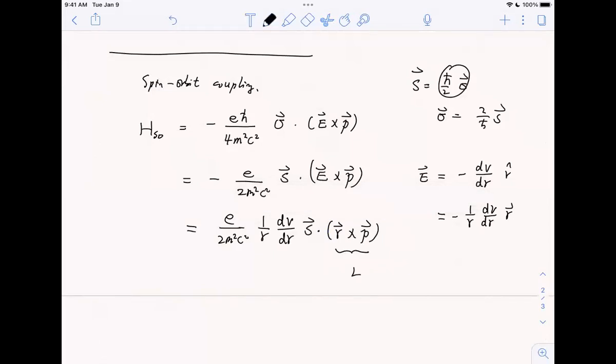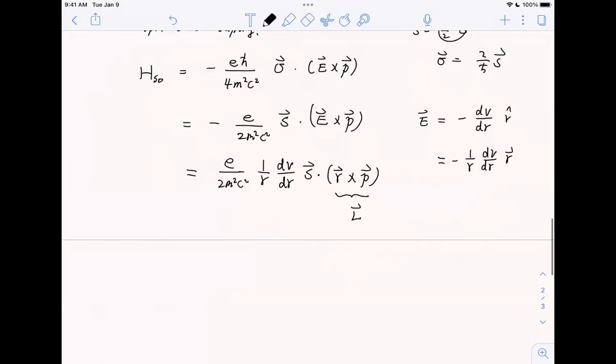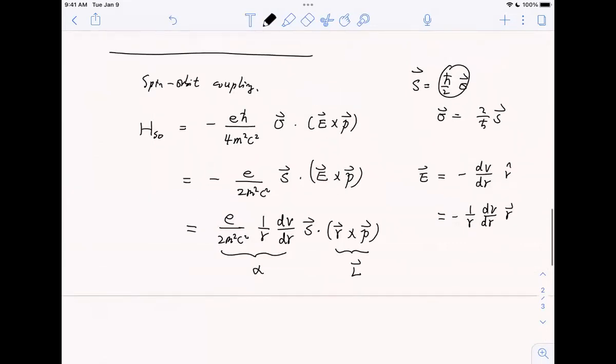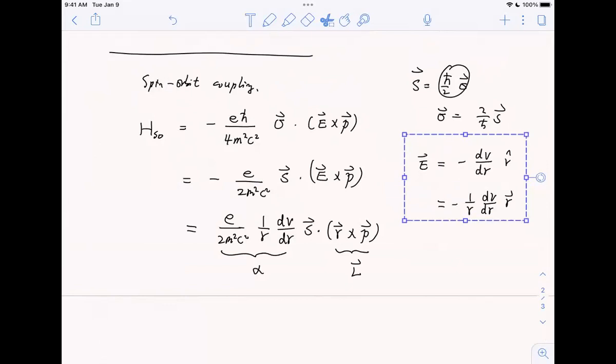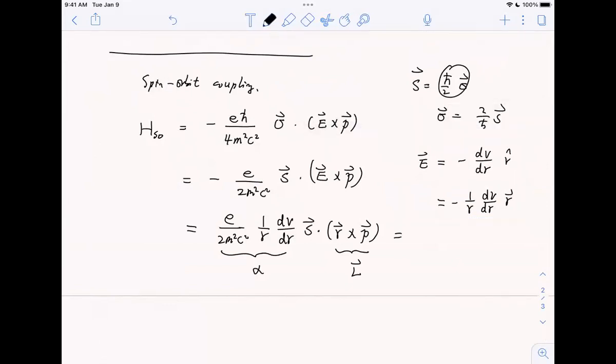This is the L, okay? So this one you can treat as a parameter alpha. Eventually it will be alpha S dot L. So this is spin orbit coupling.